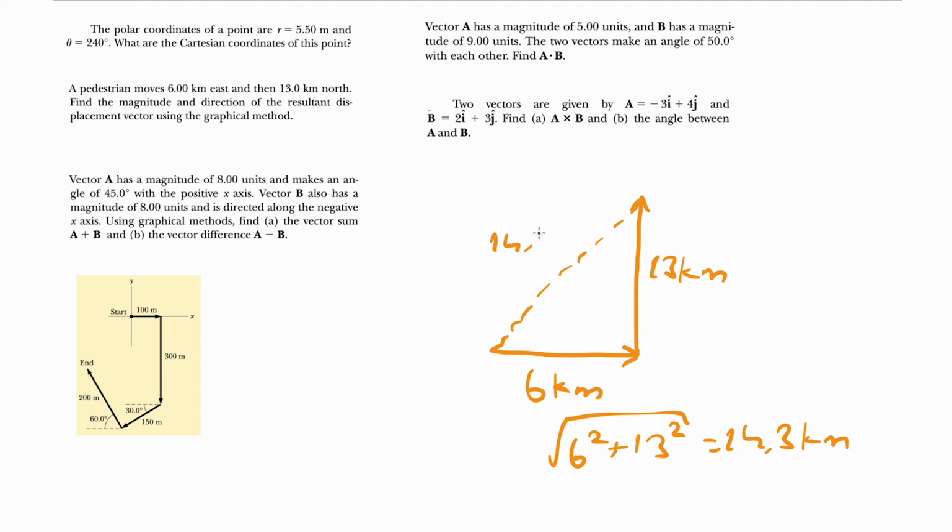So we figured out the total displacement, the length of our resulting vector. But we also want a direction. We can't really say east or north in this case. We want to find the angle of the direction.